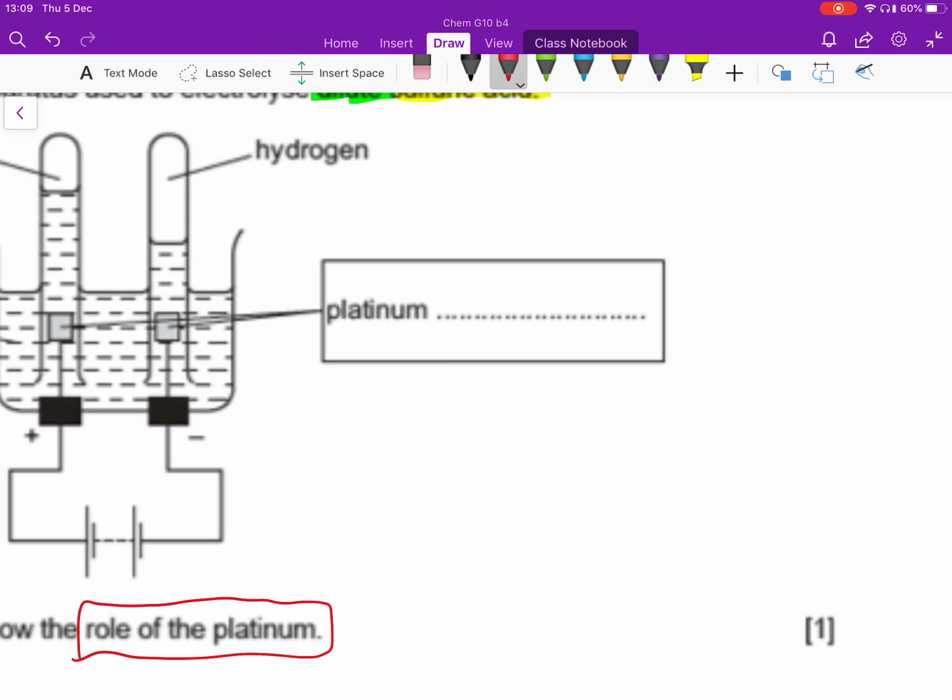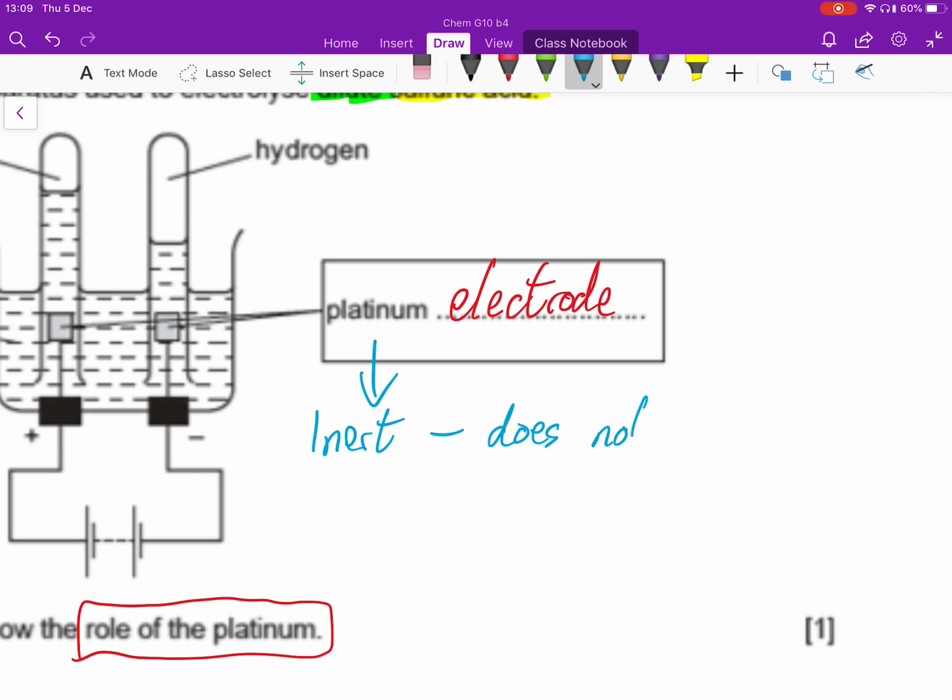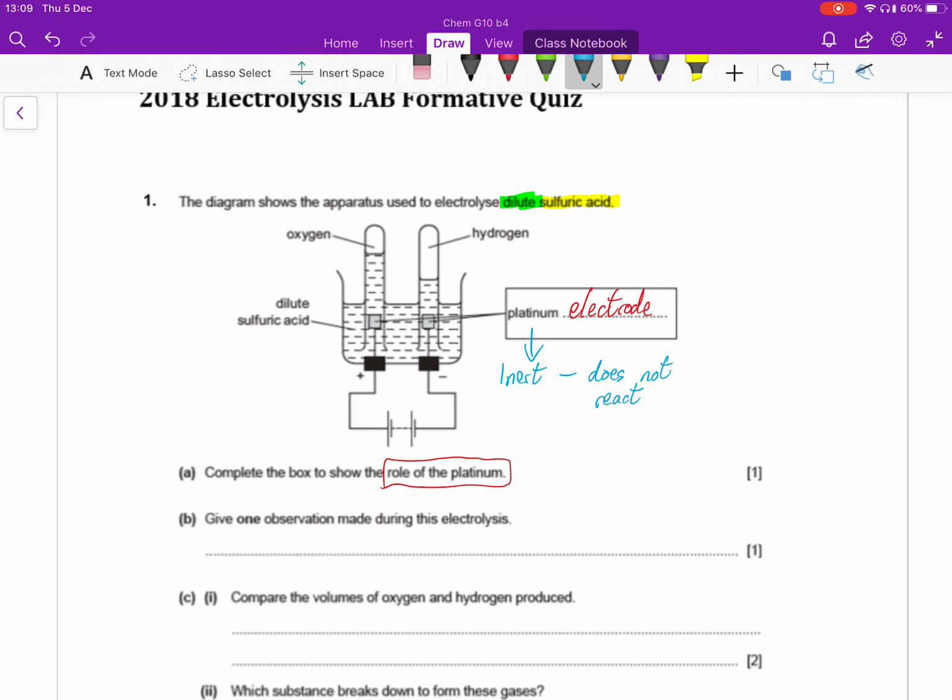Well, platinum is an electrode, and it is in fact an inert electrode, meaning it does not react, which is important. Otherwise, you could get something like electroplating happening.